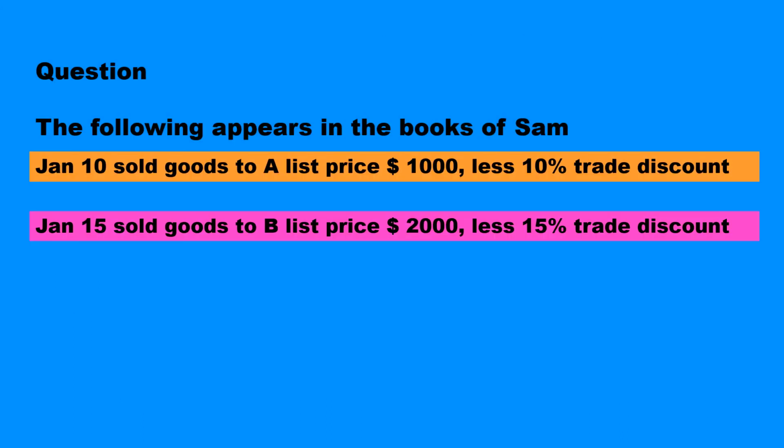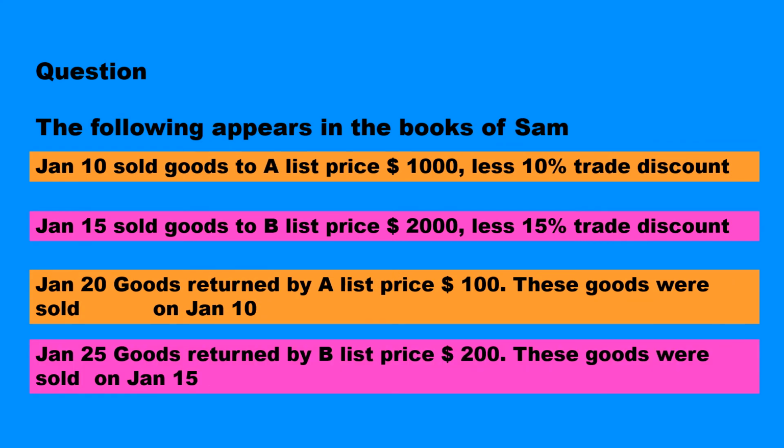Now, let's go back to the question. We concentrate on the last two transactions, that is, return of goods. If you recall in the lessons on documents, whenever a credit customer returns goods to the businessman, those goods are accompanied by a document known as a debit note, which is used to request compensation.